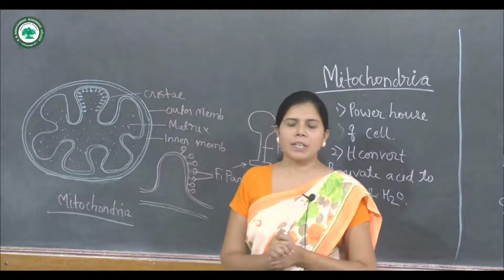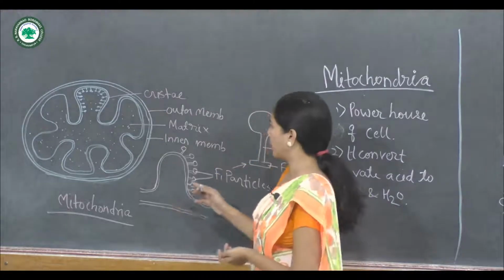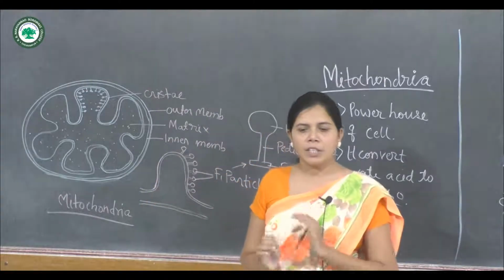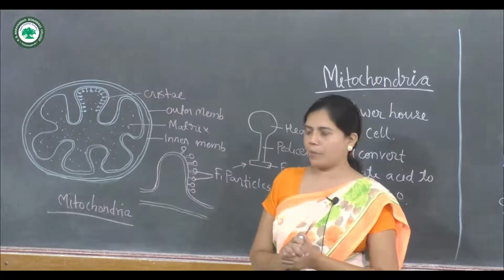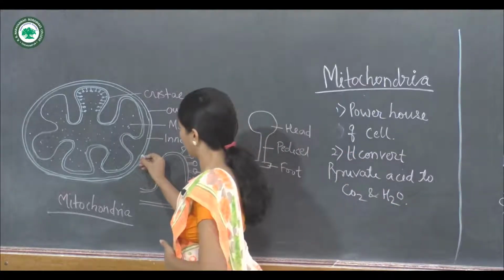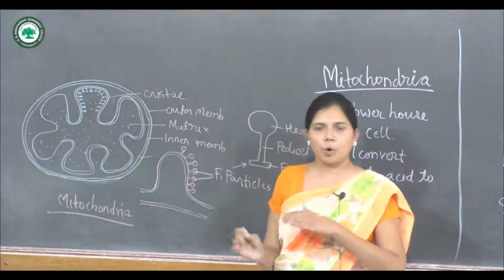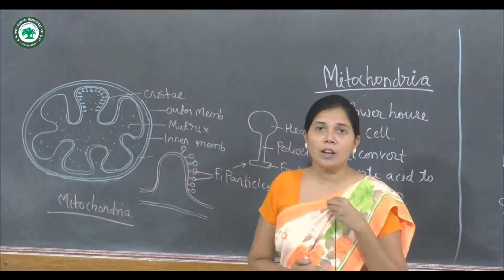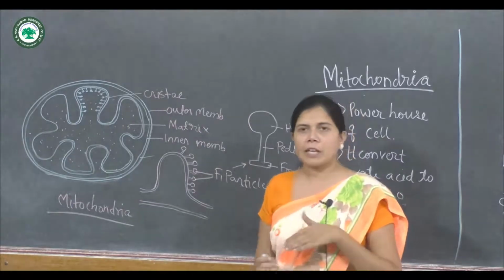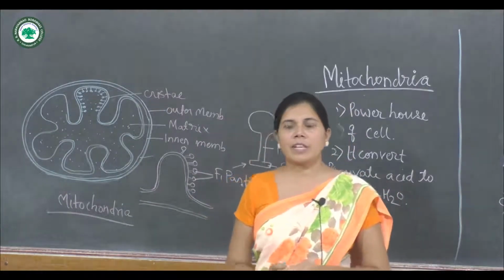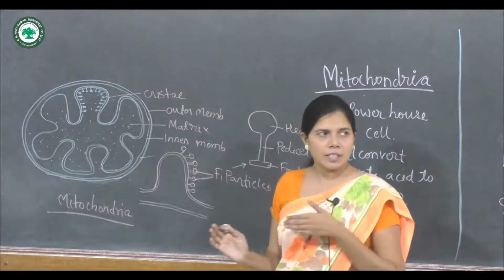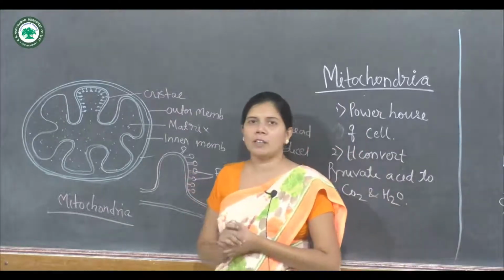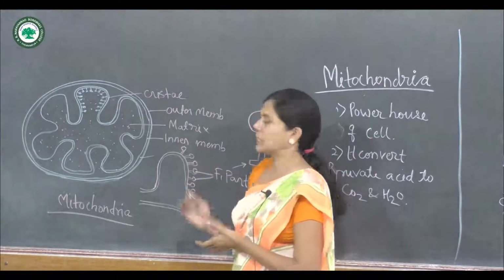Both membranes, the inner membrane and outer membrane, are separated from each other by the space called the outer chamber. The inner membrane shows several finger-like projections or plate-like foldings, which are known as the cristae.